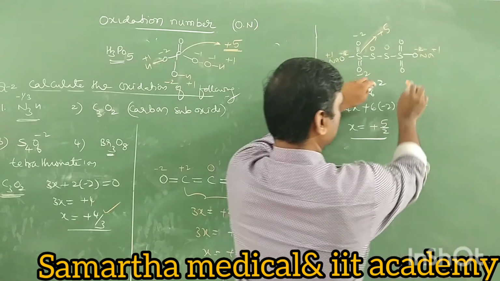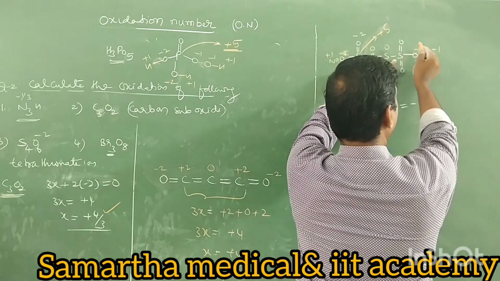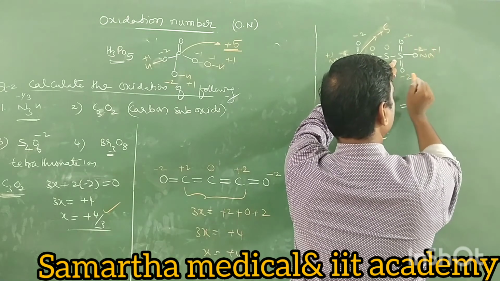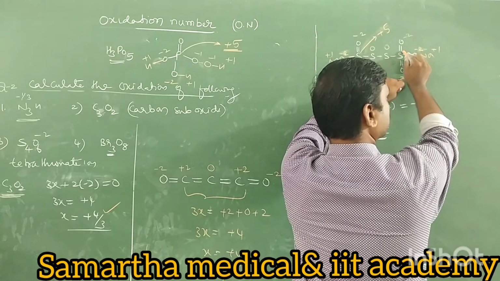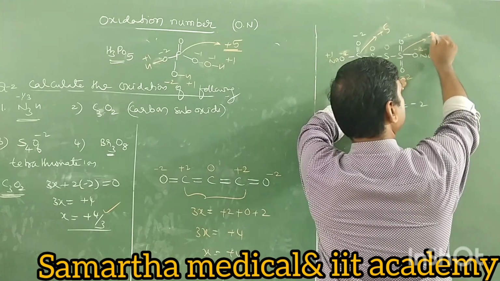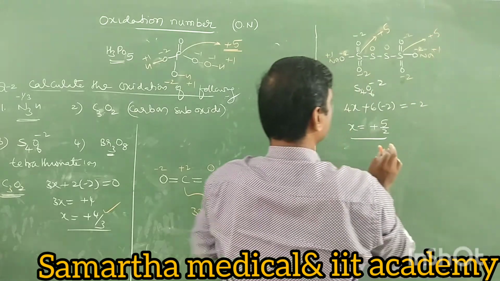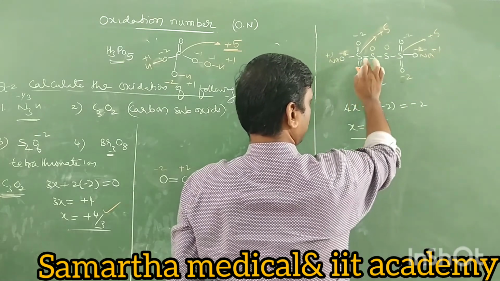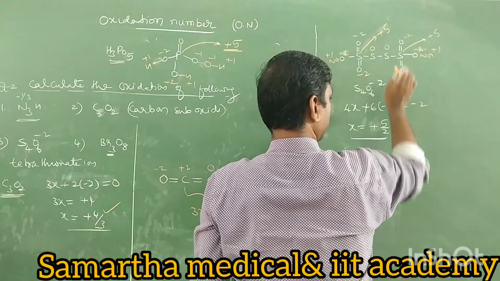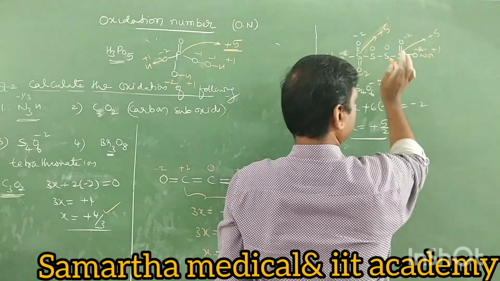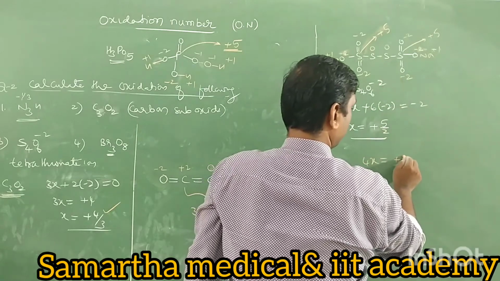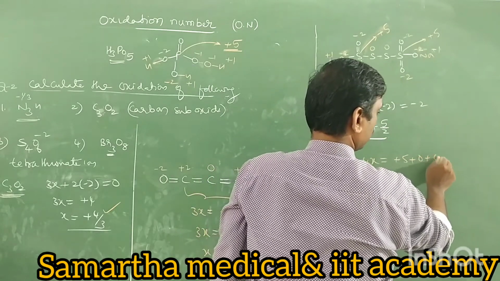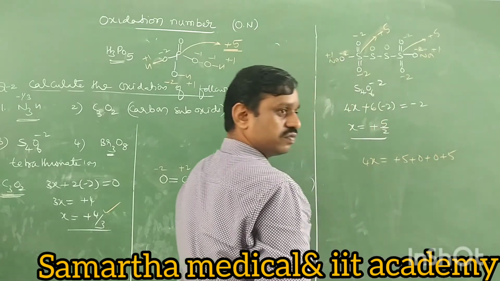Here also, sulfur: minus 2, minus 2, minus 6. It is supposed to be minus 6, but there is a plus 1, so plus 5. Now the question is this: there are 4 sulfur. 4x equals plus 5, plus 0, plus 0, plus 5.